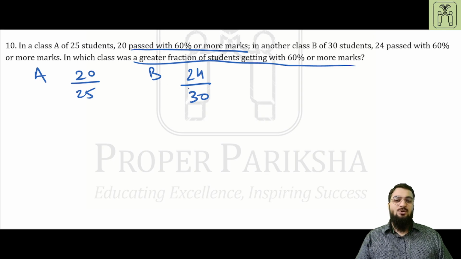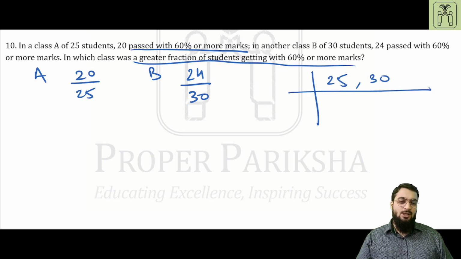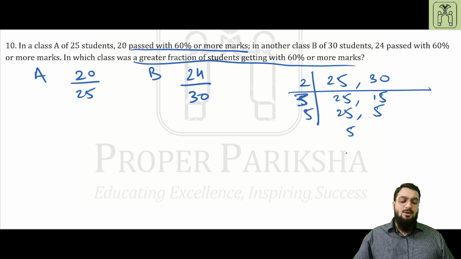So you just need to take the LCM and compare. So 25 and 30, can they have an LCM? Yes, they can. You just need to make the LCM table and everything will come into place on its own. The first is 2, 25 and 15. Then you have 3, and that will be 25 and 5, then 5, 5, 1 and then 5, 1.